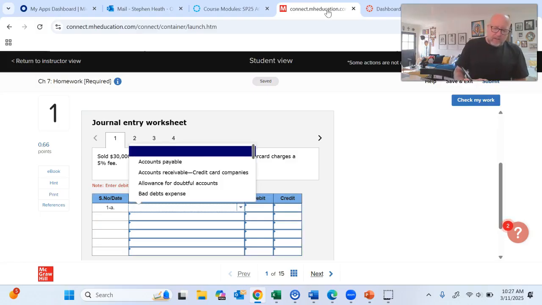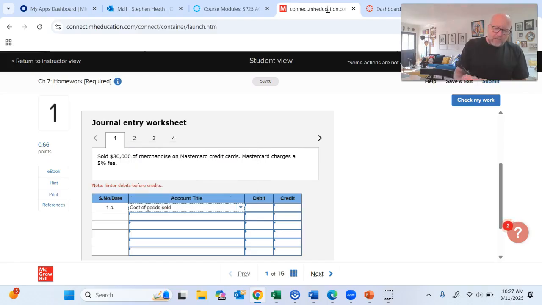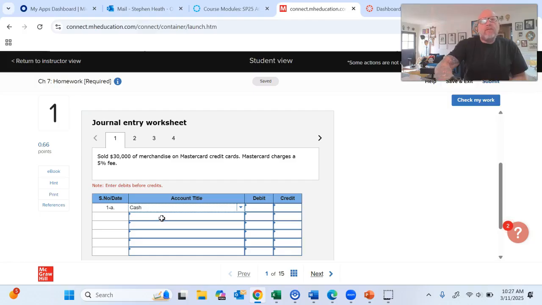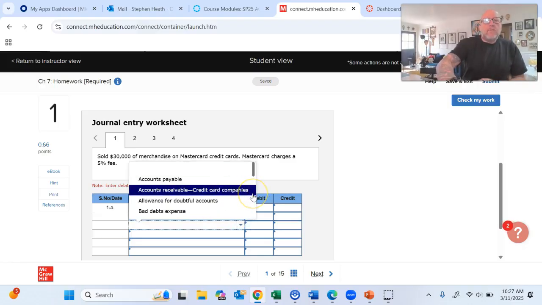Okay, so I'm definitely going to recognize cash, not cost of goods sold. Cash. All right, cash. And the amount I'm going to hold off on for just a second, but I definitely have revenue or sales.